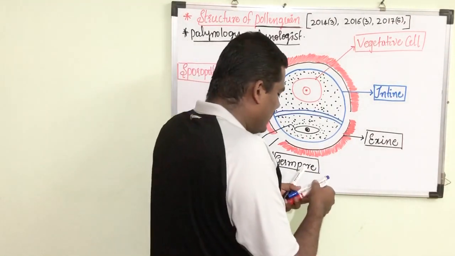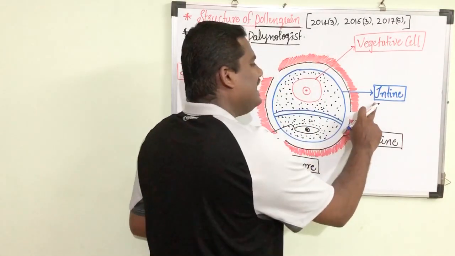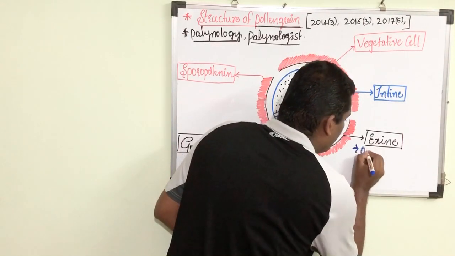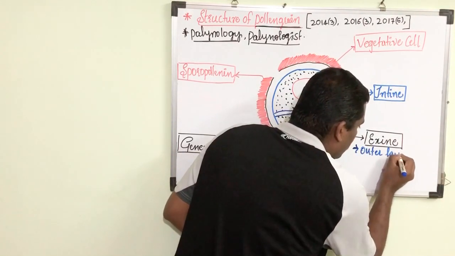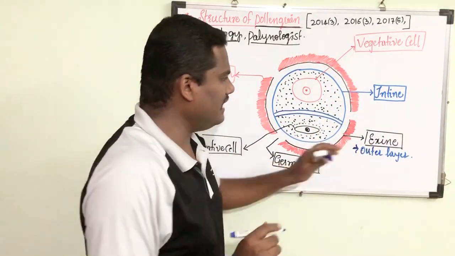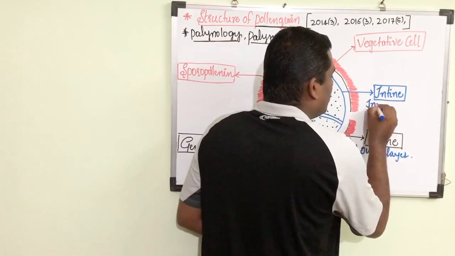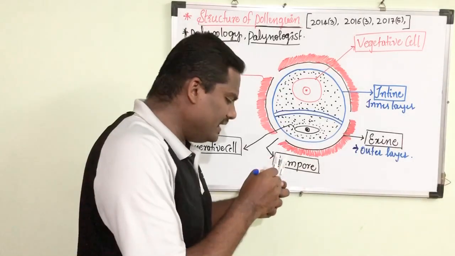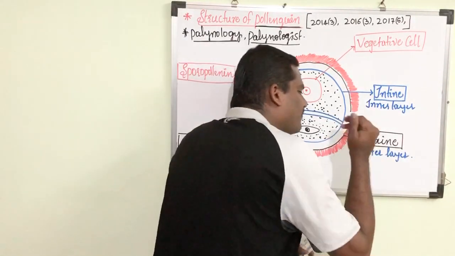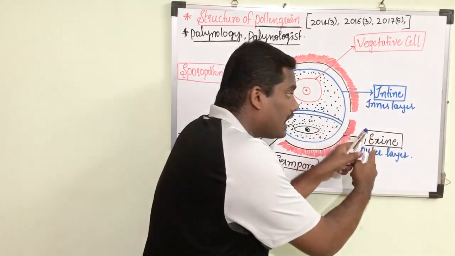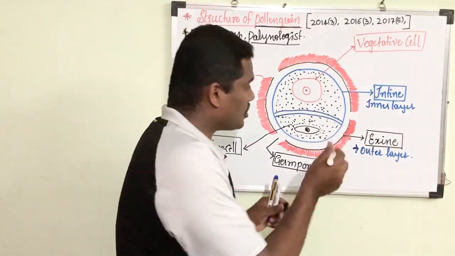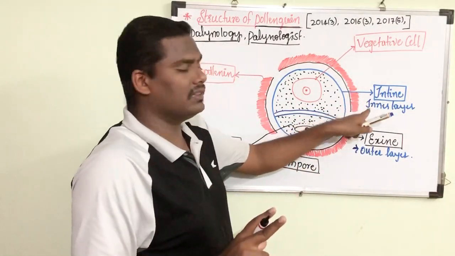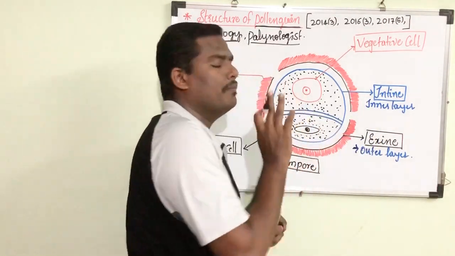The outer protective layer is called exine, and the inner protective layer is called intine. Intine is completely different from the exine, but both are protective in their function. Structurally they are different, chemically they are different, but functionally they are one and the same. Both give protection to the pollen grain.